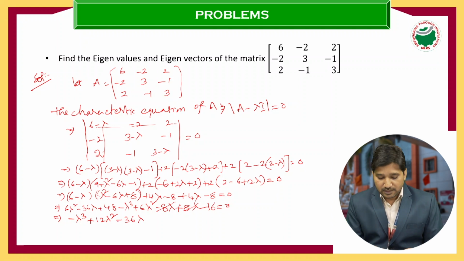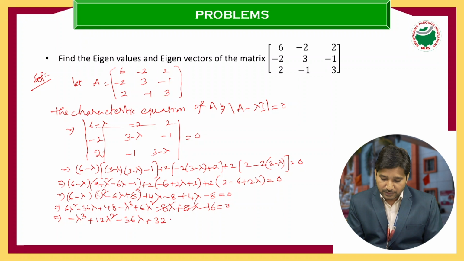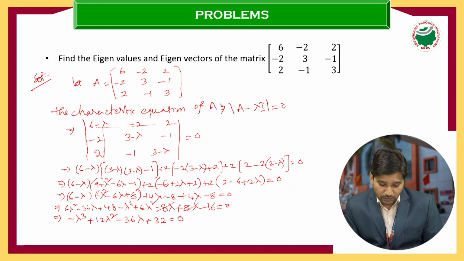The constants are 48 minus 16, that is plus 32, equal to 0.